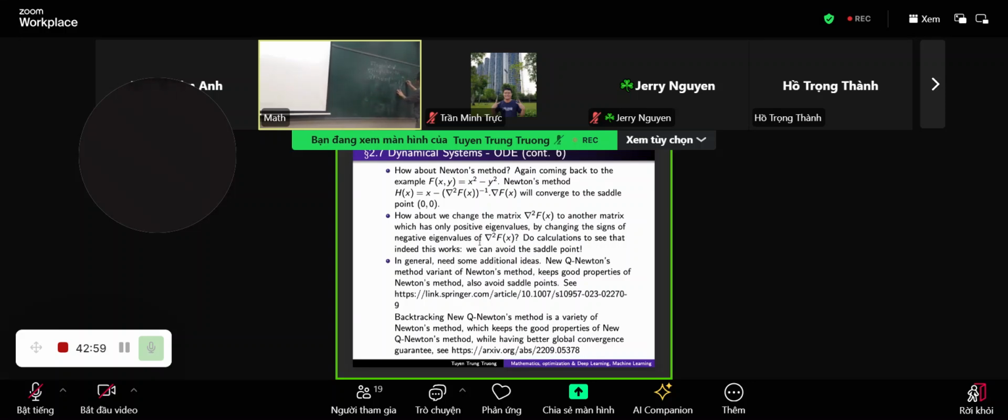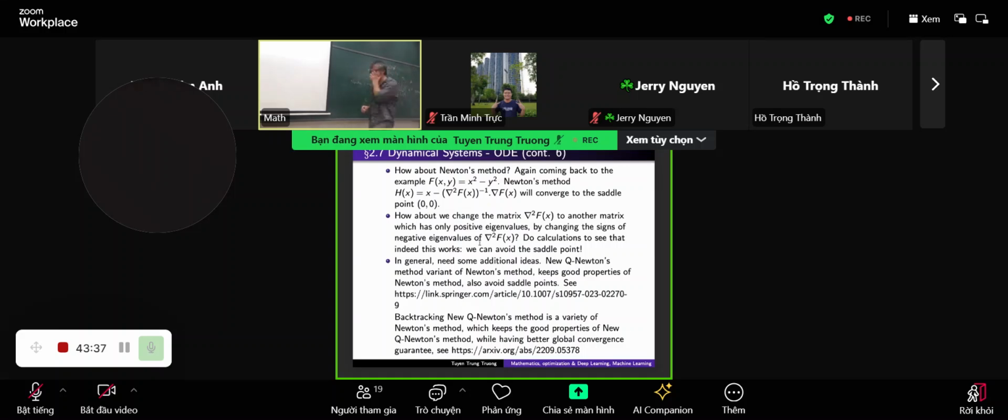For this, call it A. So in Newton's method, what you do is x1, y1 equals x0, y0 minus A inverse times the gradient. And if you compute this exactly, you get 0.